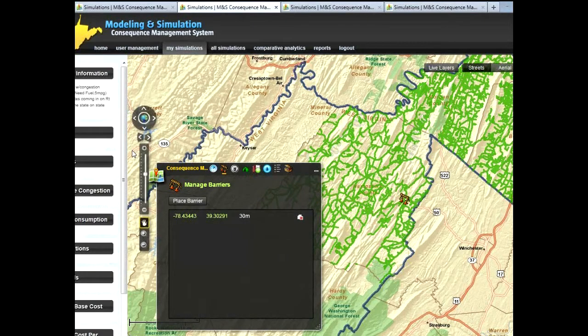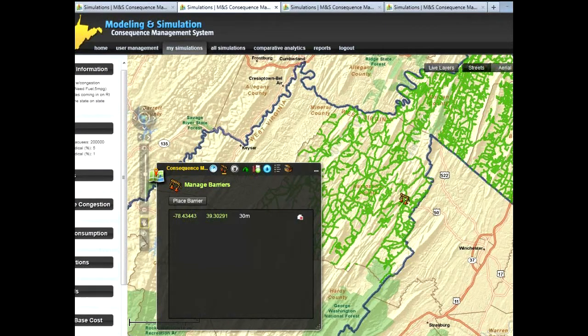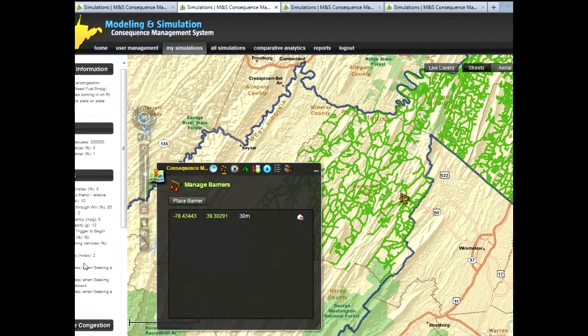And let's get some general information about this simulation. So we can see that 200,000 people, they have 5 miles per gallon in their vehicles. There's a barrier on Route 50 West and Route 28. And this has congestion modeling enabled, which enforces that there is only limited space available on the road networks.